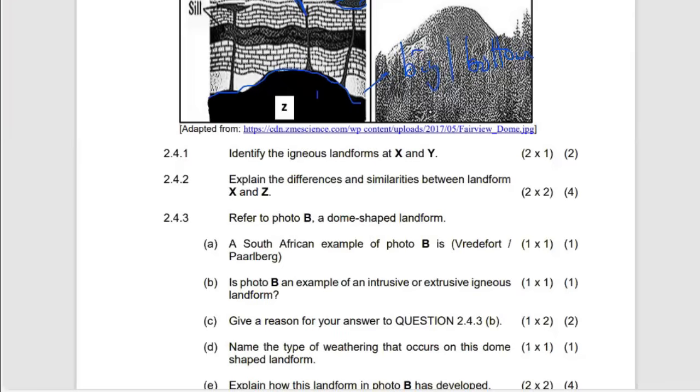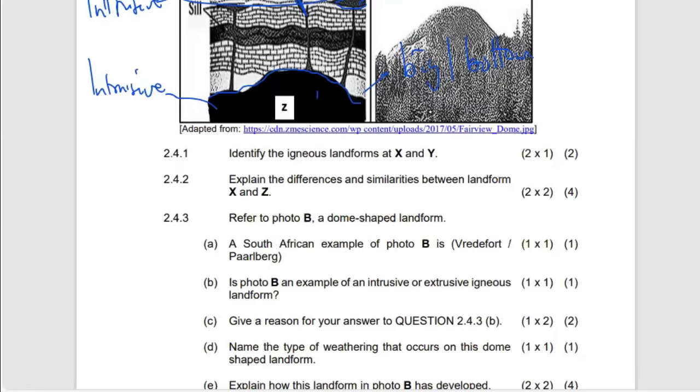But if you check the similarities, we are saying both of them are intrusive features. This one is an intrusive, which means it forms inside. And also this one is an intrusive feature. So if you're highlighting the similarities, talk of them both forming from solidifying magma inside the Earth's crust, and they are intrusive features.